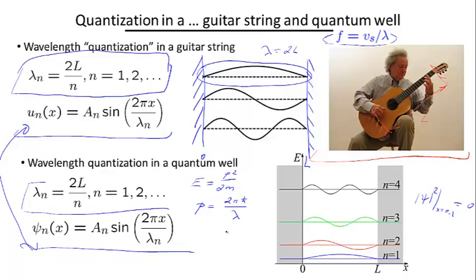If we put everything together, we're going to get the quantized energy levels E sub n, where n is a positive integer, equal to pi squared h bar squared n squared divided by L squared, the distance here. This corresponds to the momentum squared, times 1 over twice the mass.